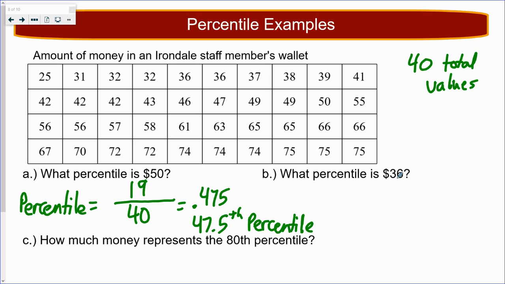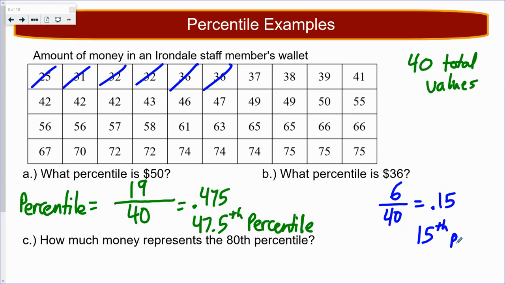What percentile is $36? So 1, 2, 3, 4, 5, 6, because we're counting $36. So it is 6 over 40. We put that in our calculator. That is 0.15, so that is the 15th percentile.